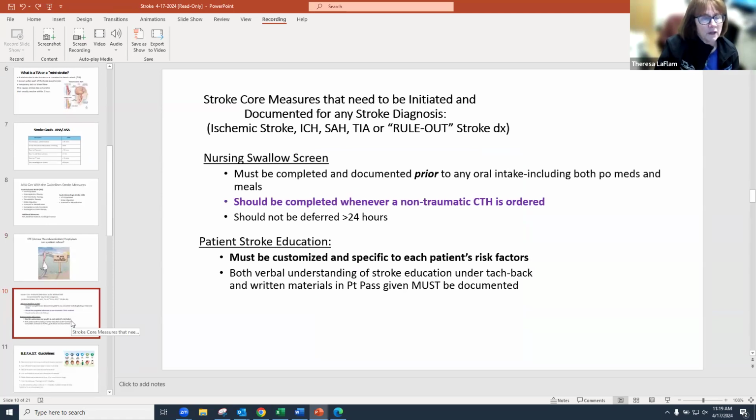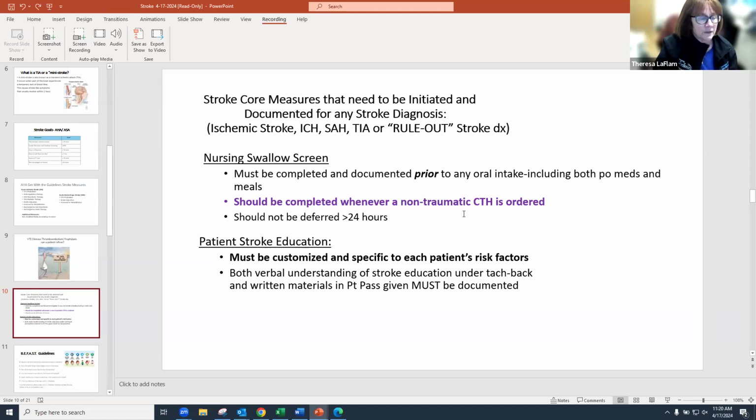Then if we go on to our other stroke core measures, we do swallow screens. We make sure we teach the patient the importance of doing a swallow screen, and we make sure that we give them a certain amount of fluid to drink to see that they can safely swallow before we give them any oral intake, right?